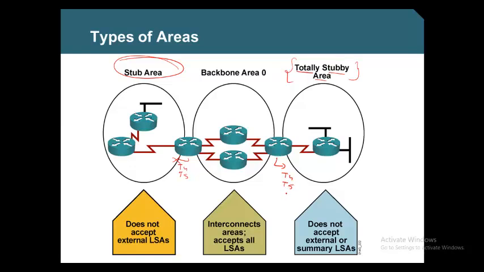You see, not only the external routes, even the inter-area routes coming from another area, other area routes, are not allowed. But still you can ping other areas with the help of the default route given by the ABR, same as what you saw earlier in the stub. So your routing table will be much smaller than stub.